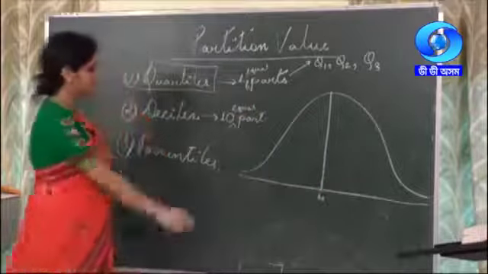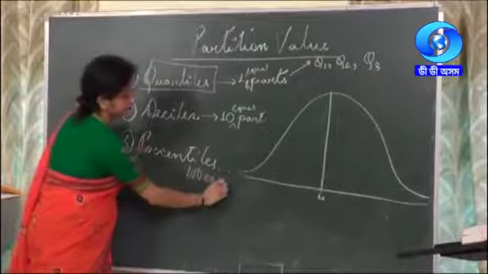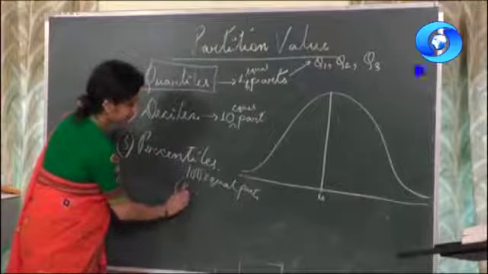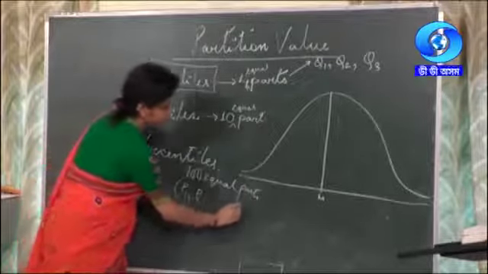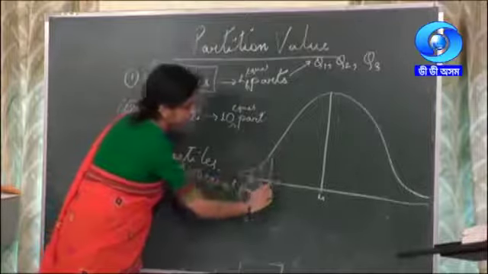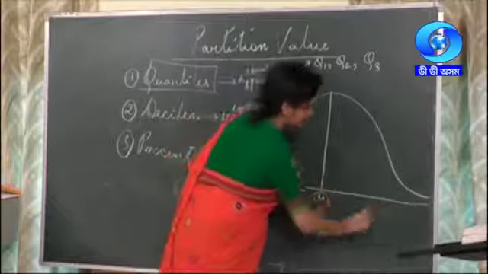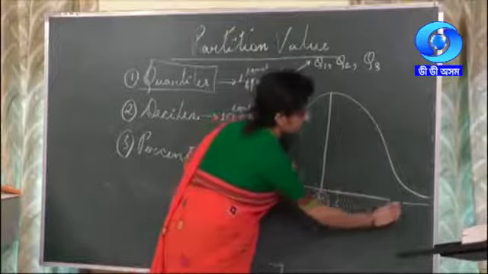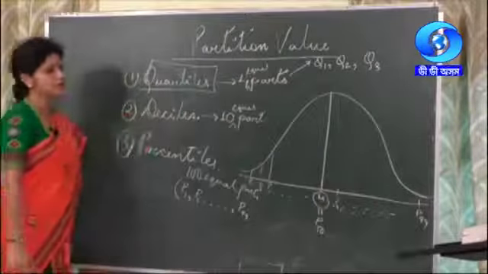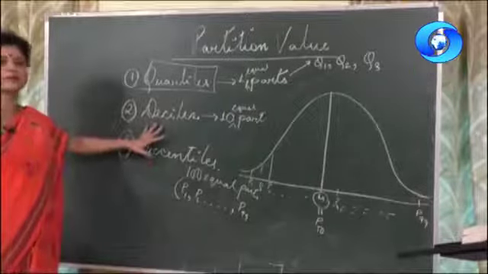We represent them by P1, P2, etc. up to P99. So if we have P1 here, P2 here, P3 here, etc., up to median which will be equal to P50, and then you have P51 etc. up to P99. There will be 99 percentile values and it will divide the entire distribution into 100 equal parts.